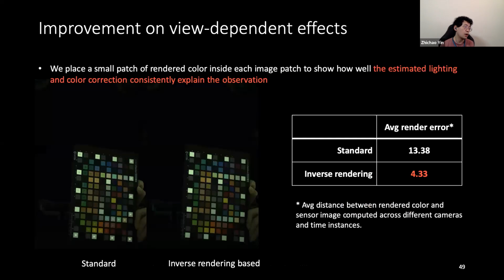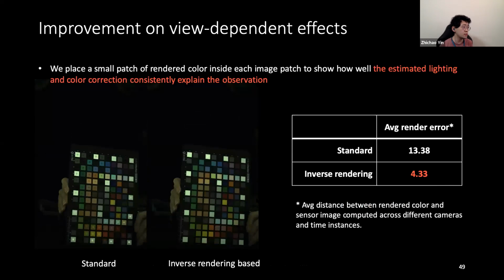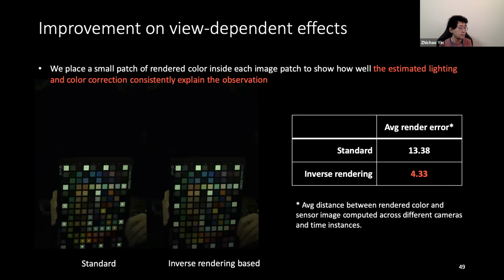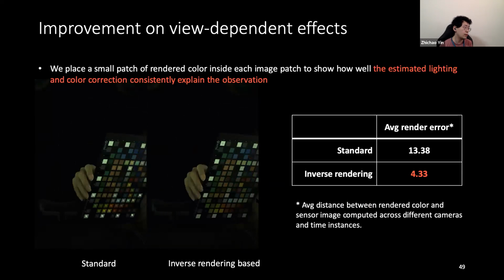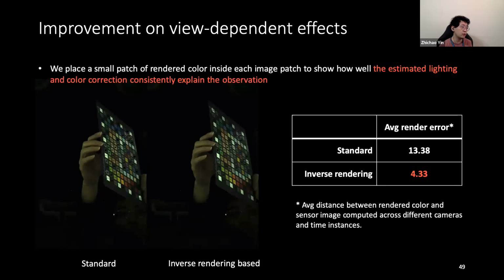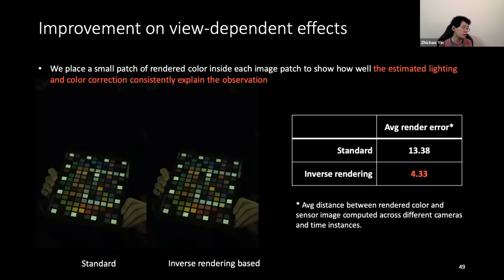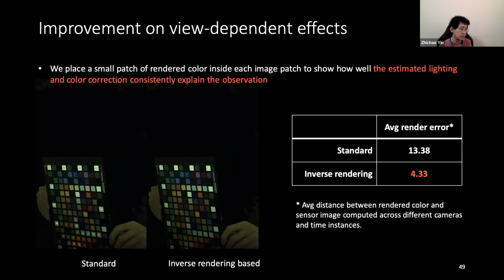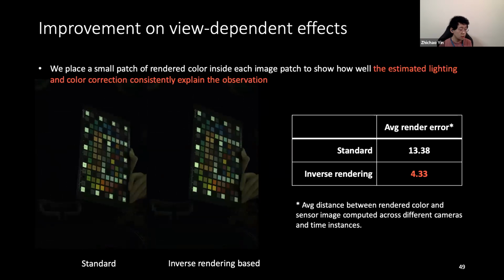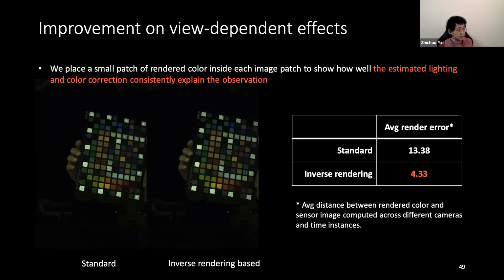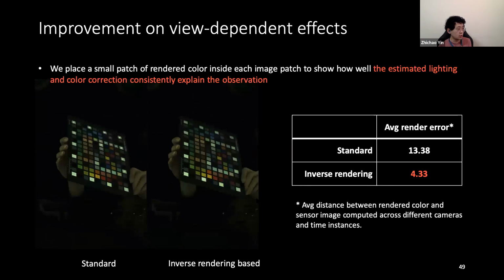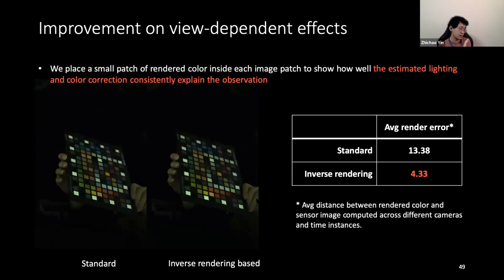So now let's look at some results. We can see some improvement on the view-dependent effects. To illustrate this issue, we place a small patch of rendered color inside each image patch to show how well the estimated lighting and the color correction consistently explain the observation. It would be best if you cannot tell the rendered color apart within each patch, but that's not the case.